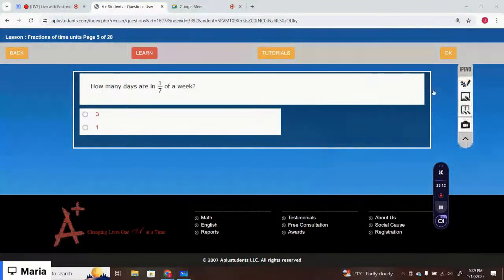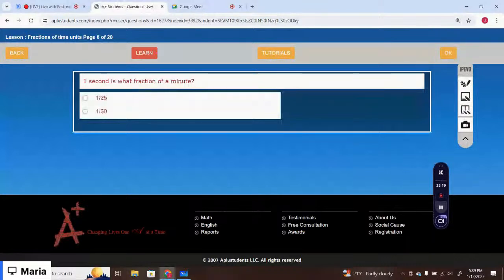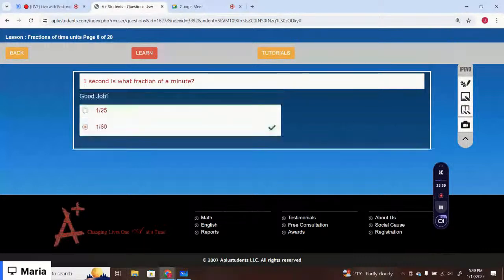The correct option is 1. One second is what fraction of a minute? That is 1 by 60. Option number 2 is the correct option.